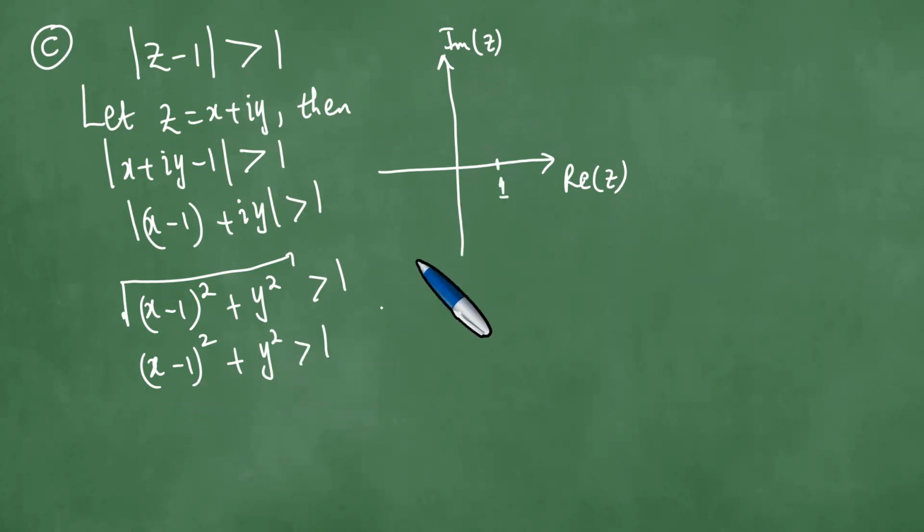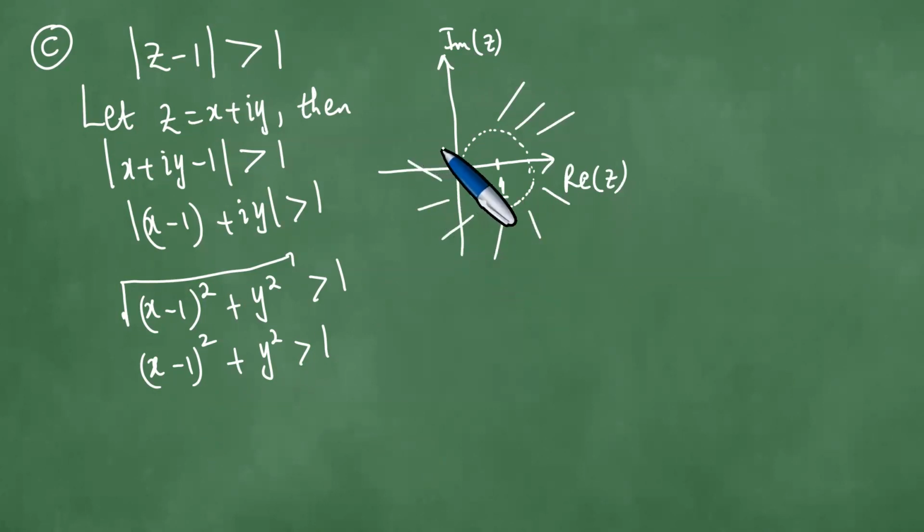And then the radius is 1, so it is a region that resembles a circle, but has no boundary. We are looking at what is bigger than 1, so the region bigger than 1, like this. So that is the region. Okay.